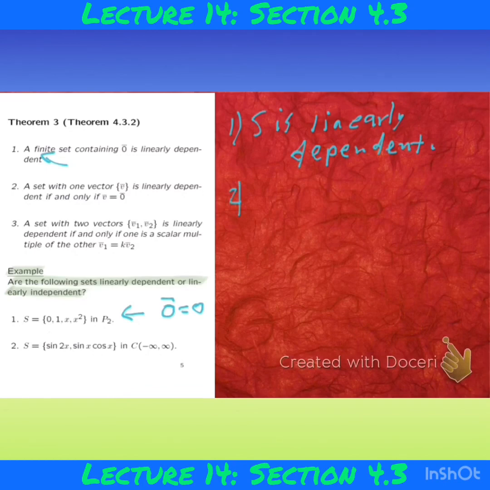Number 2 is there we've got S in C minus infinity, positive infinity. Again, I want you to go and look at the definition of C minus infinity, positive infinity. There we've got functions sine 2x and sine x cos x, and we are asked to establish whether that set is linearly dependent or linearly independent.